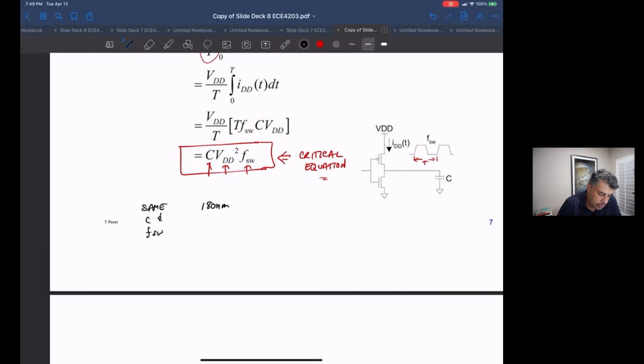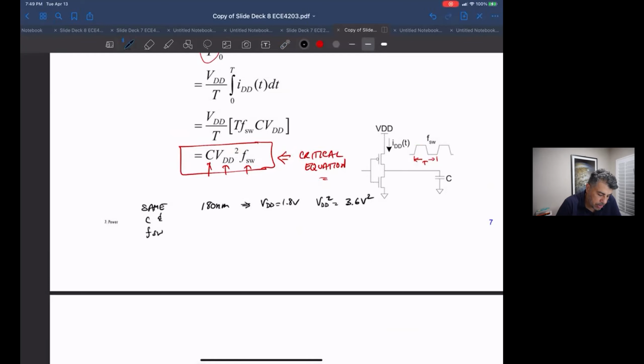So 180 nanometer process, supply is 1.8 volts. So VDD squared is 1.8 volts squared. I always forget what this is. Is it 3.6 volts squared, something like that? I think it's something like that.